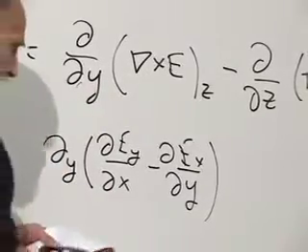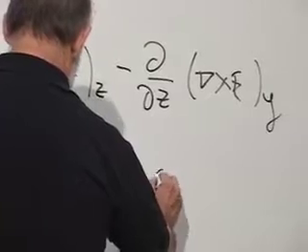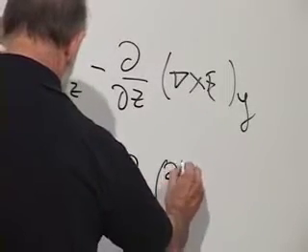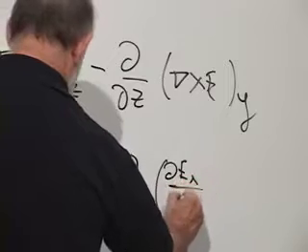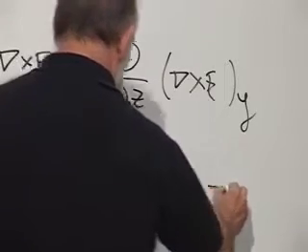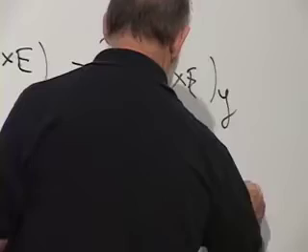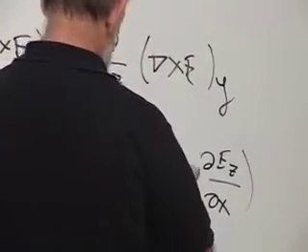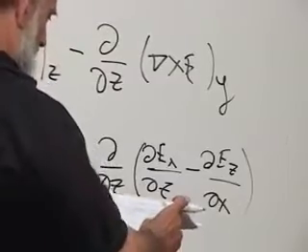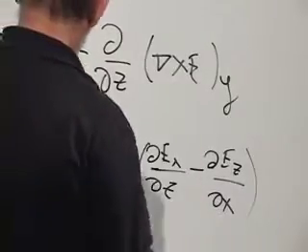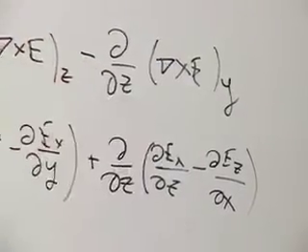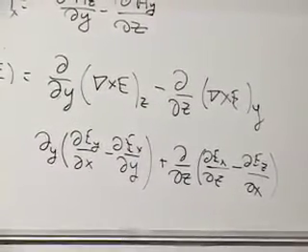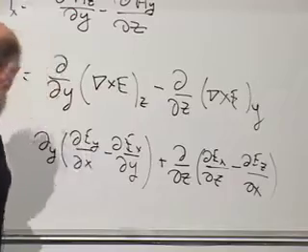And then there's one more, plus d by dz of (dEx by dz minus dEz by dx). I think that's it. Two terms. Okay, wake up now. The worst is over. Let's see what we have.